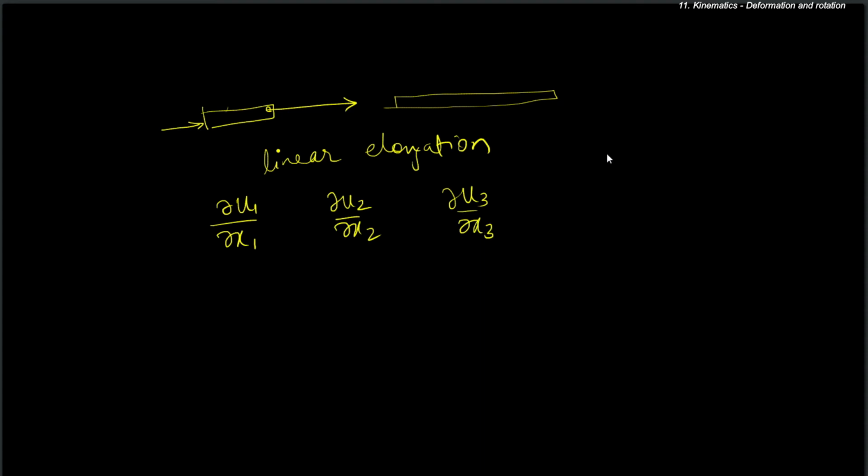So now what about the presence of gradients in the orthogonal direction? Consider a cube like this. What will happen if the gradient in the u velocity is over the x2 direction?